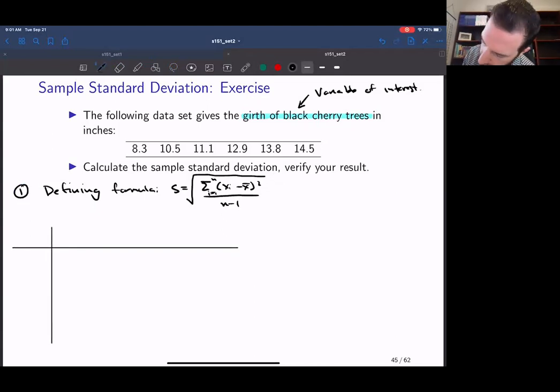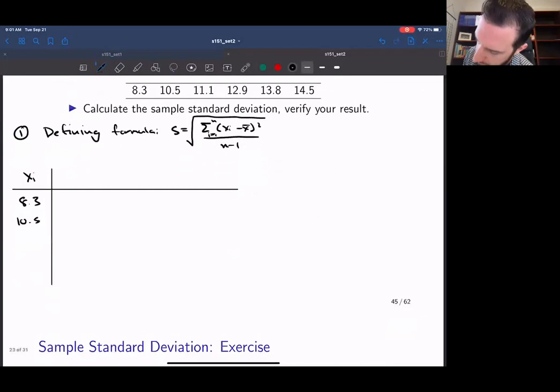All right, so here we're going to have xi. So this is going to be 8.3, 10.5, 11.1, 12.9, 13.8, 14.5.